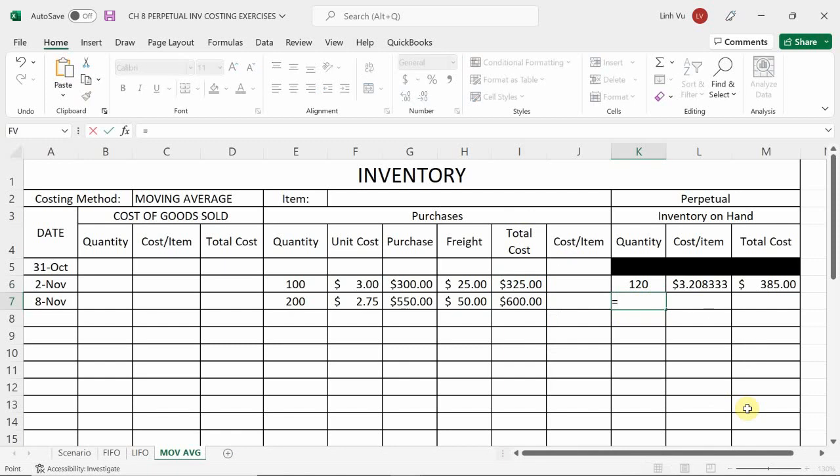Now your total would be 220 and 985. So what is my new average cost per item? $3.078125.